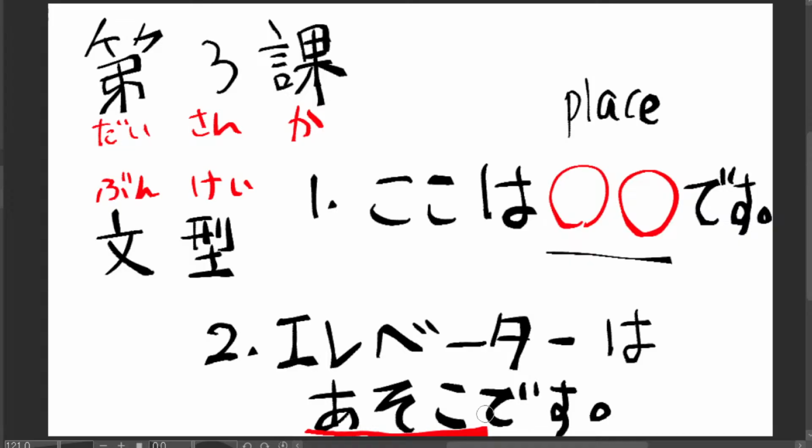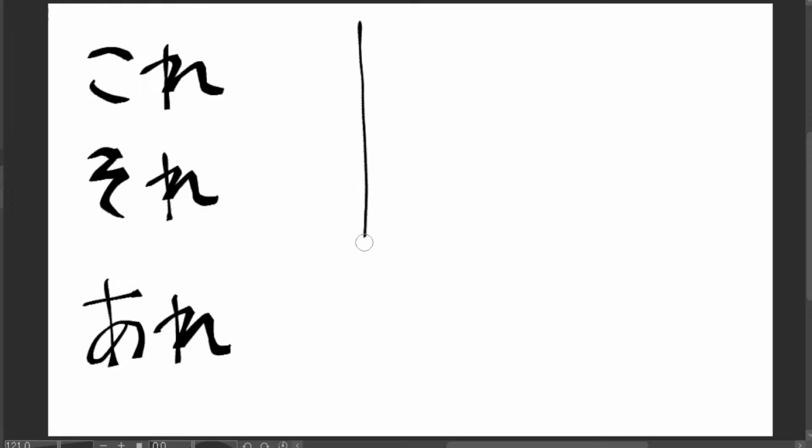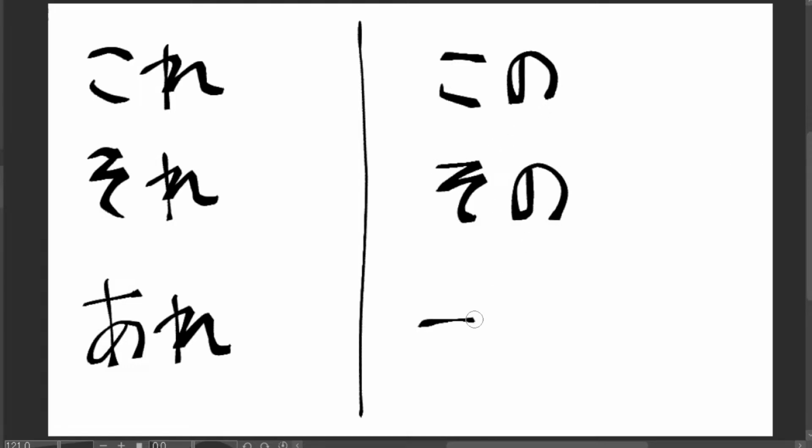So last time, I'm going to have to explain this koko, asoko. Last time we learned about これ、それ、あれ and この、その、あの.